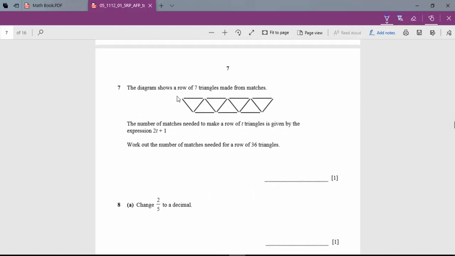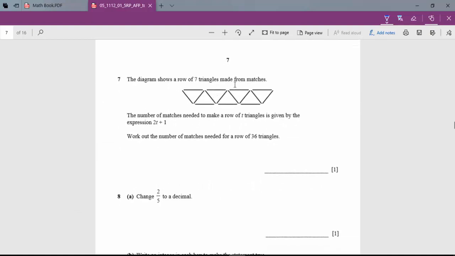The diagram shows a row of 7 triangles made from mats, okay? The number of mats needed to make a row of T triangles is given by the expression 2T plus 1. Work out the number of mats needed for a row of 36 triangles.